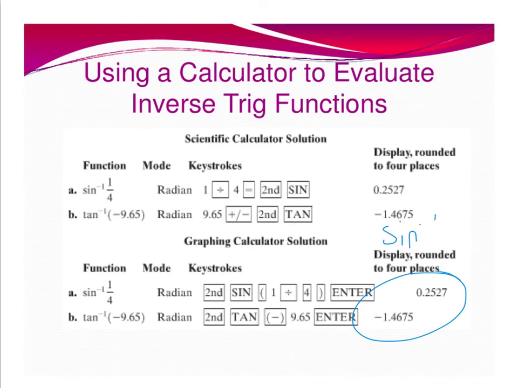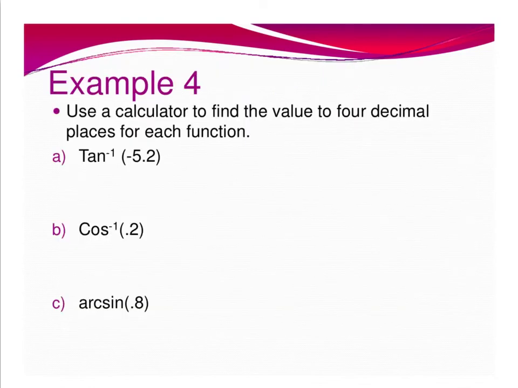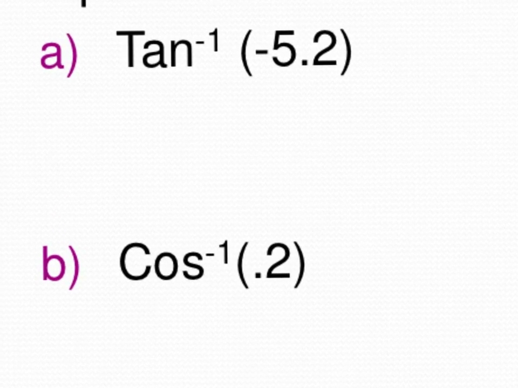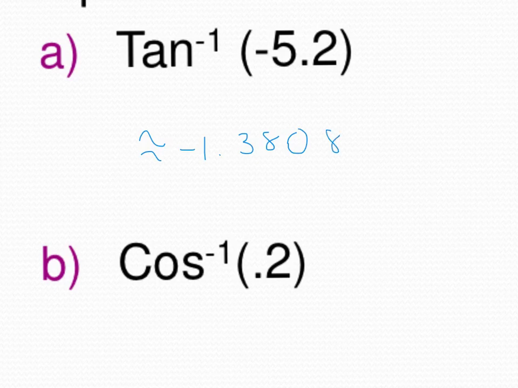So let's take a look at an example. Use a calculator to find the value to 4 decimal places for each function. Again, make sure that you're in radians first. So we're going to hit inverse tan of -5.2. To 4 place values, the solution for the first one is approximately -1.3808.